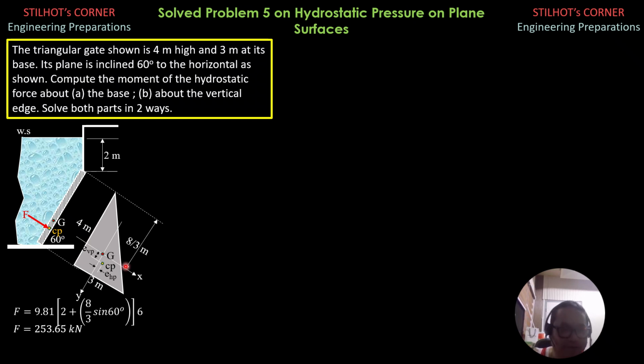Then let's solve for E sub VP. It is equal to Igx sine theta over area times Hg, where Hg is 2 plus 8/3 sine 60. You may convert that to decimal form. The area is 6, and Hg is already calculated.